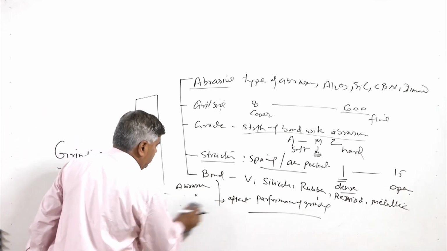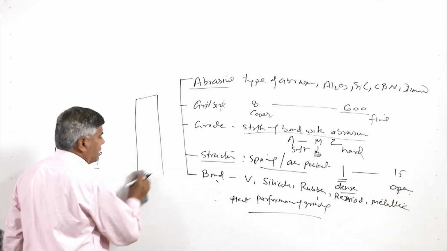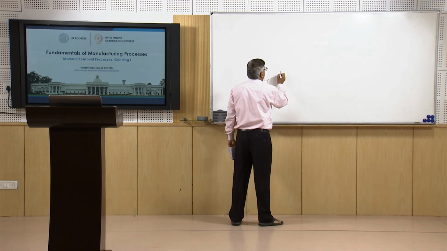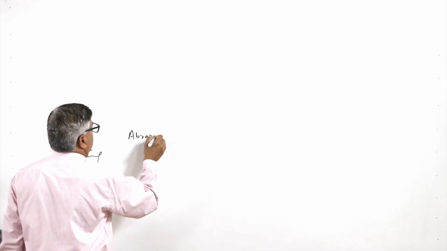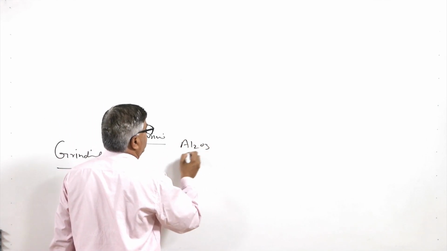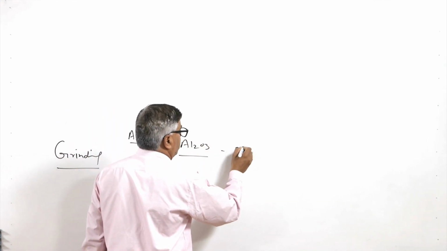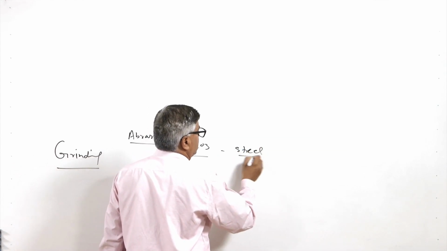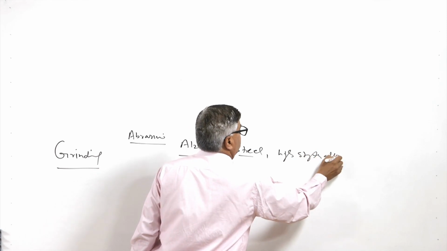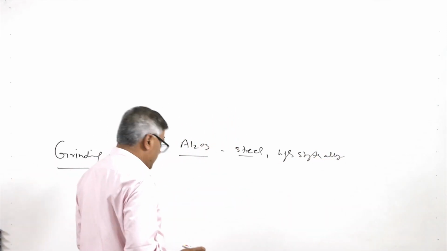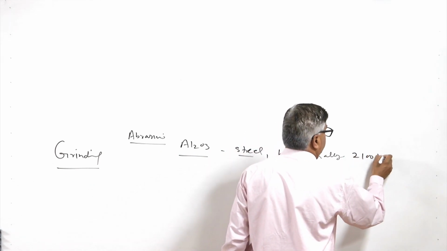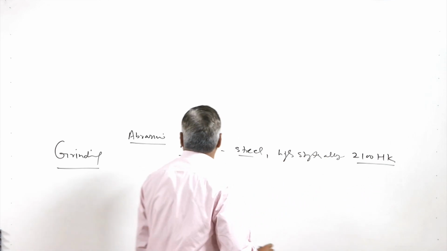So, we need to see these characteristics in detail, starting with the abrasives. As I have said, alumina, Al2O3, is used mainly for steels, ductile materials and other high strength alloys, because it is very tough, but its hardness is low, about 2100 Knoop hardness.